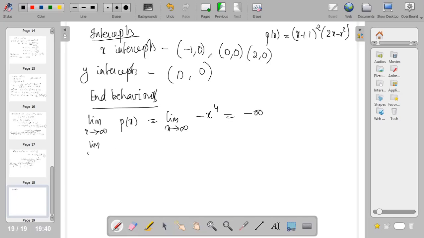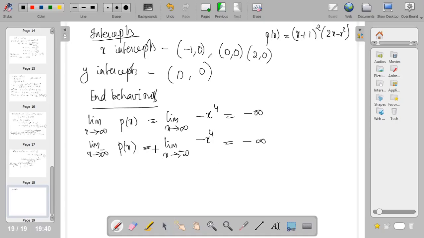Again limit x tends to minus infinity, p of x is minus x raised to 4, that is again minus infinity. So the function decreases indefinitely as x goes to plus or minus infinity. So that is the intercepts and end behavior.